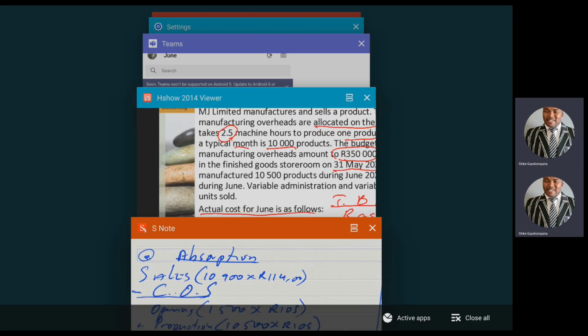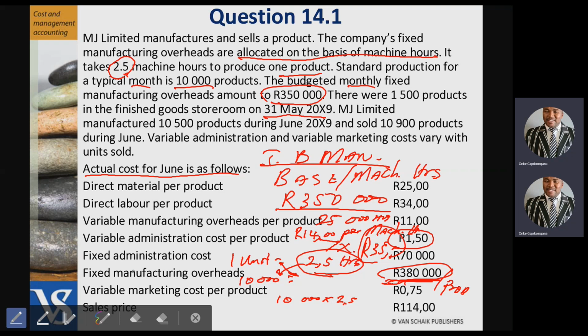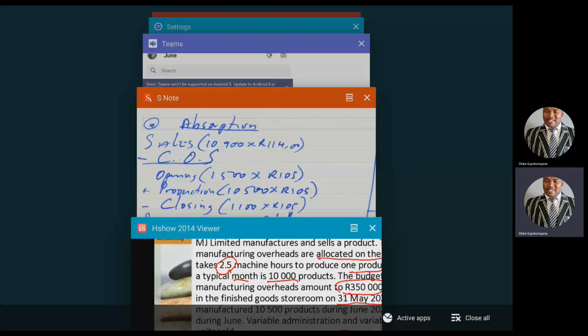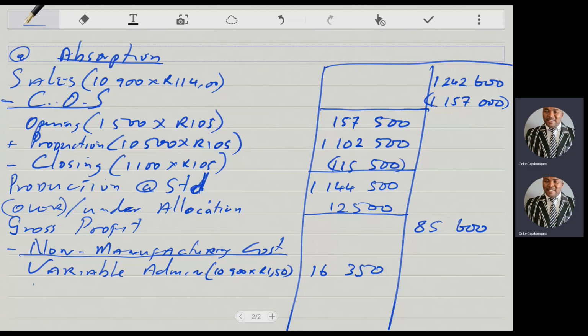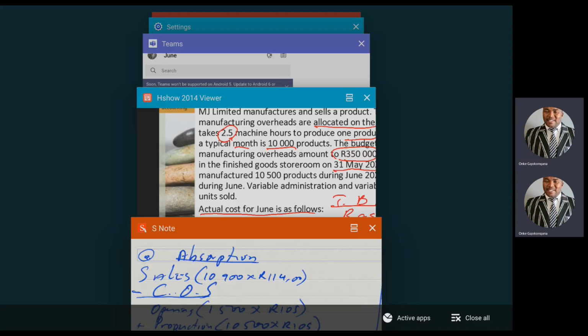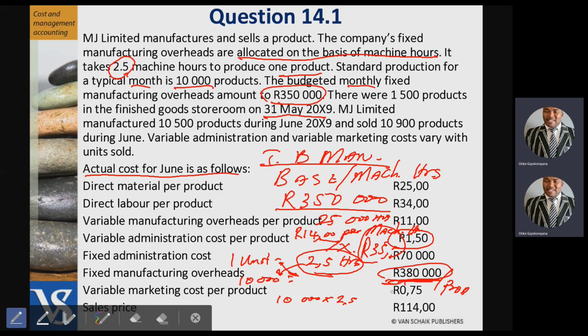Then the next cost that we have is fixed admin. For the fixed admin, we are given a total there because we know that the total is the one that is constant. Fixed admin cost of 70,000.